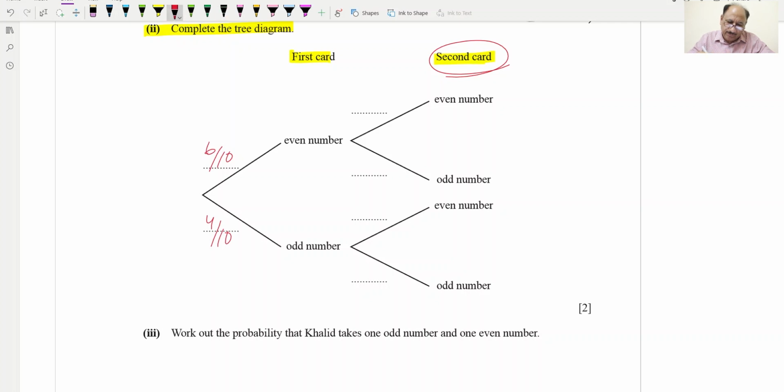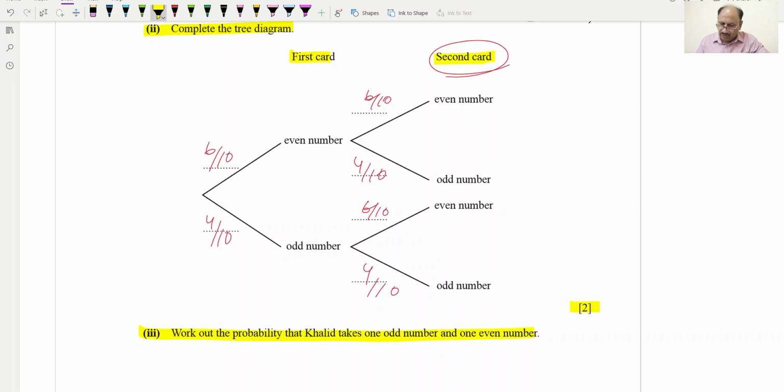So for an even number it will be 6 by 10, and for an odd number it will be 4 by 10. Similarly for even it will be 6 by 10, and this will be 4 by 10.